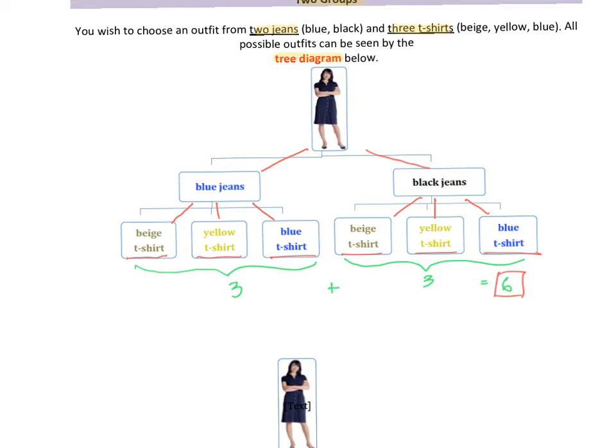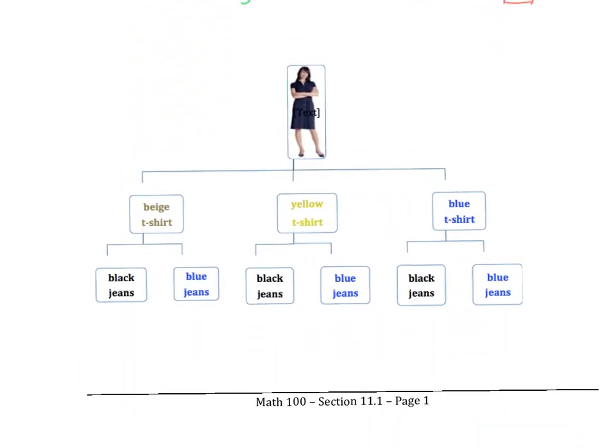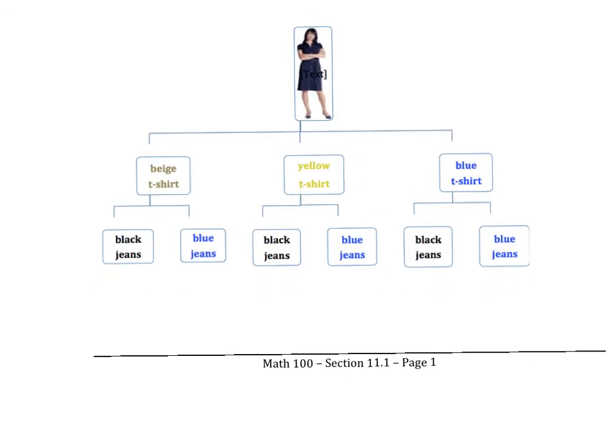Does the order that you choose matter? So let's look at this diagram again. And let's just say that you decide you're going to choose your t-shirt first. So you could choose the beige t-shirt, and then you would pair it with either the black jean or the blue jean, which would give you 2 possible outfits.